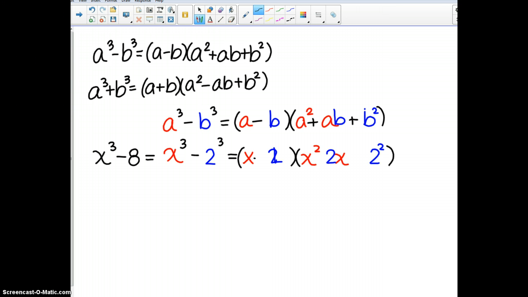Then I need my signs. It's going to factor. Then in my final answer, if there's anything I need to clean up, I go back and get that done. x minus 2 I don't change at all. x times 2, I already wrote it in that order, but I wrote 2x. And 2 squared I'm going to call the number 4.